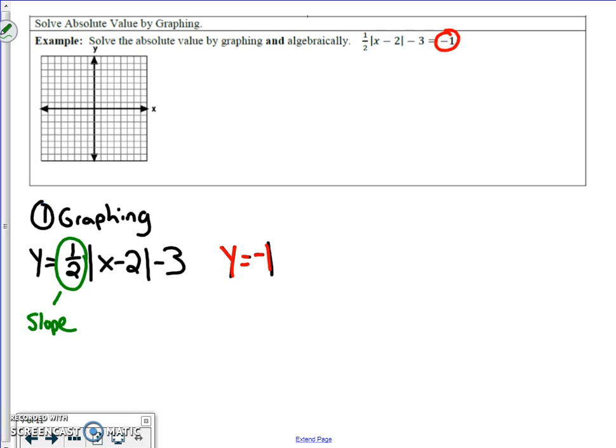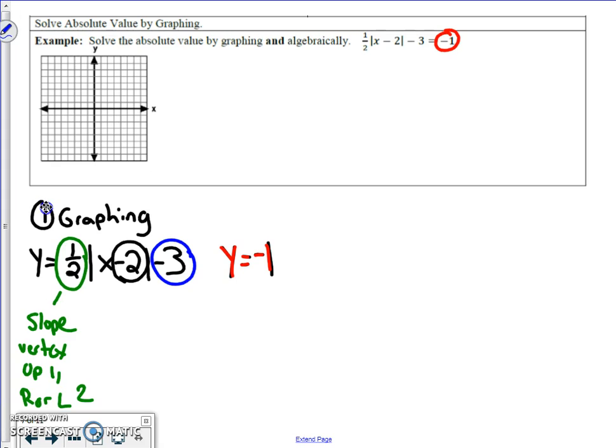From my vertex, I will go up 1, and then to the right or to the left 2 to complete my graph. My vertex, on the other hand, I'm going to find from this value here and this value here.